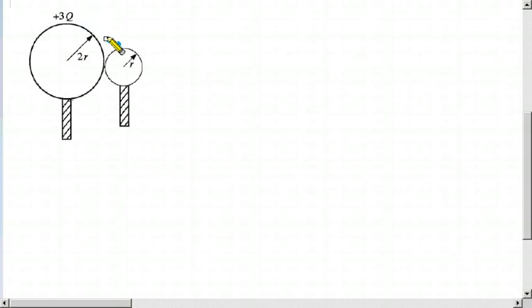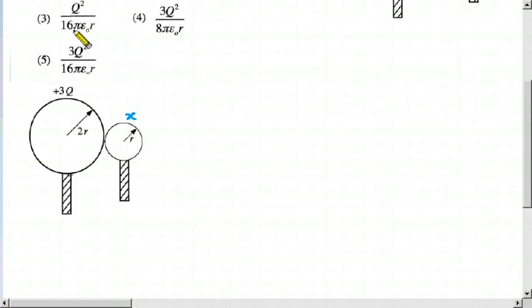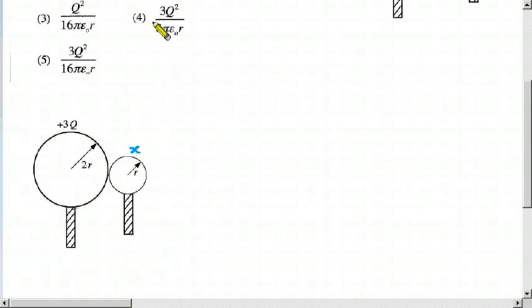So after that, we don't have 3q here, because suppose an amount of x charges came to this sphere, and the remaining amount of charge on the bigger sphere is 3q minus x.